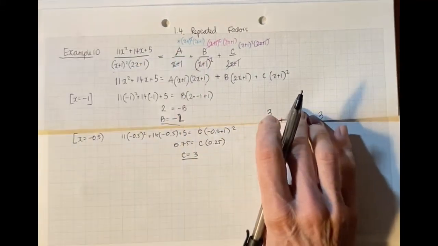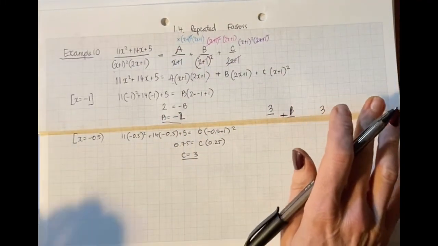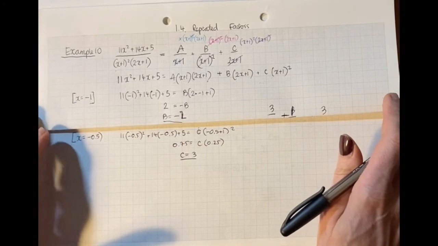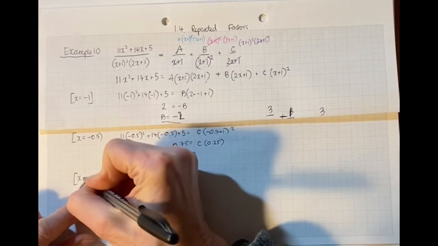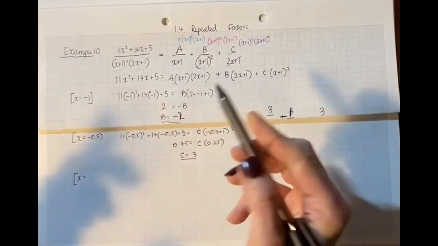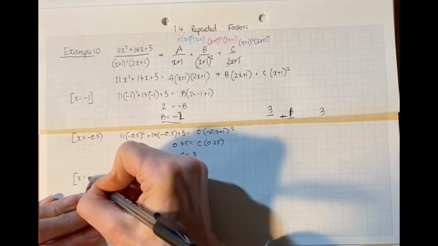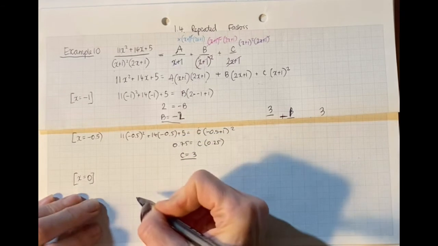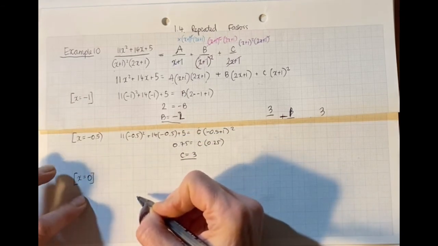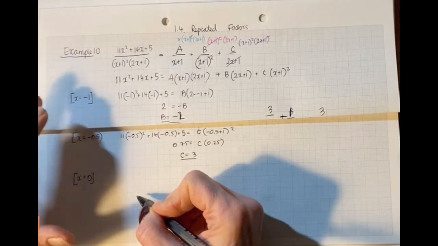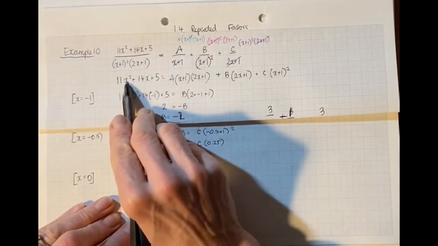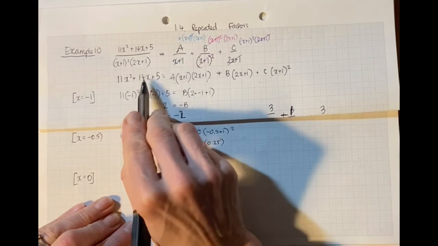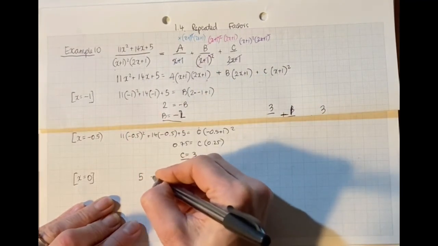So now you might think, what's happening here? I haven't got any more brackets to consider, so I've run out of values. You might consider multiplying it out and comparing coefficients, but better to pick another value, something like 0. Unless there are already zeros there, then pick 1. 0 is a good one to pick because this one goes to 0, this one goes to 0, so you're just left with 5.